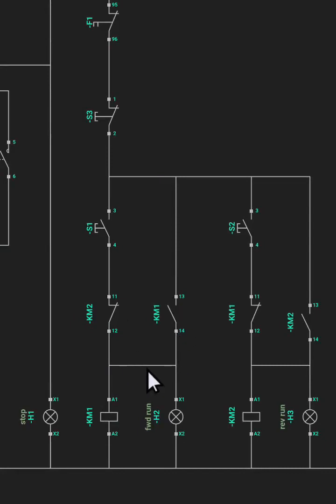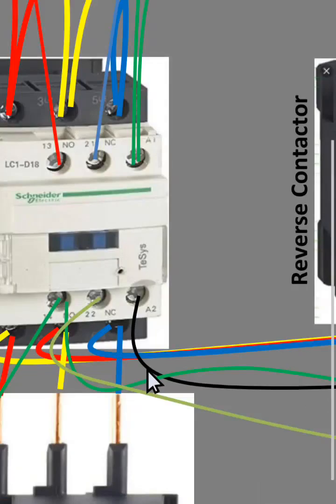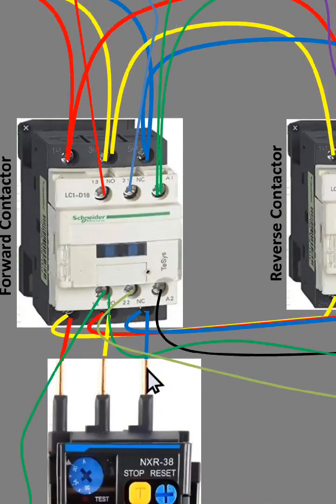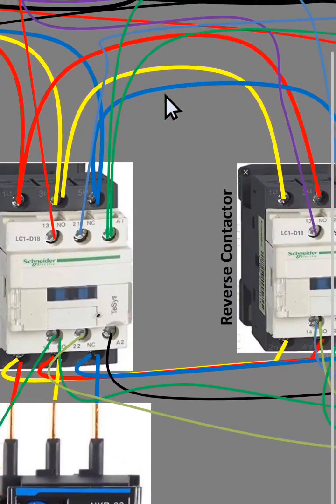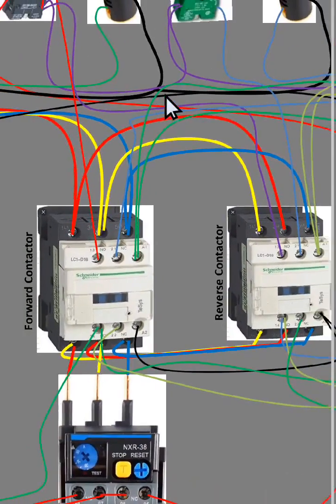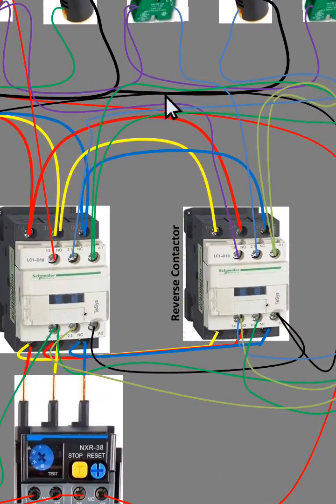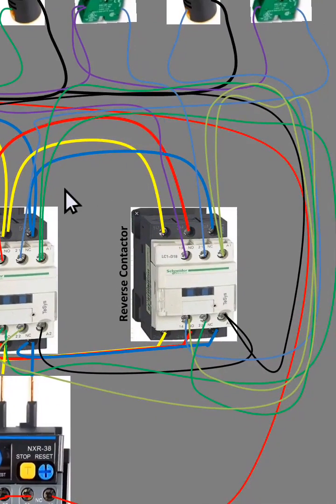So let's look at it. It's just the same. You have to follow this to do your connection. So let's trace one wire and see if it goes to the reverse contactor normally closed and the forward contactor normally open. So let's trace this. Let's trace one wire. Look at it.